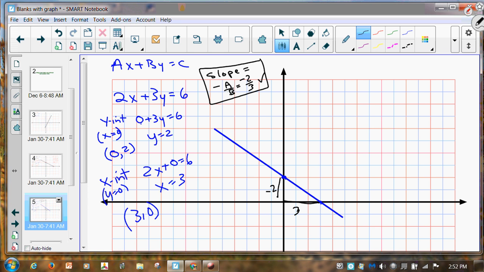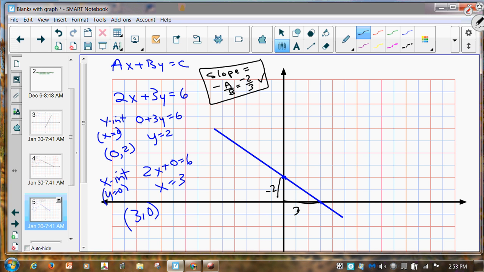So even with the standard equation, if we wanted to use the y-intercept or the x-intercept for that matter and use the slope from there, we can calculate the slope with minus a over b. And again, it's a little bit more difficult, but you could in fact do an xy table. I wouldn't recommend it for this form of the equation, or if you wanted to convert from the standard form to the slope-intercept form, you could do that.